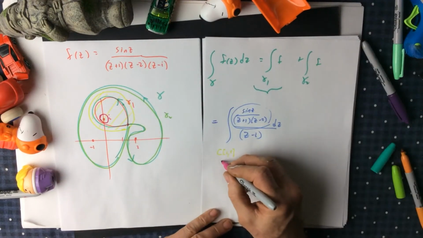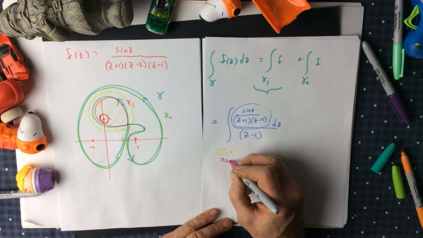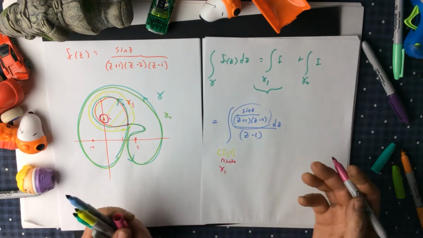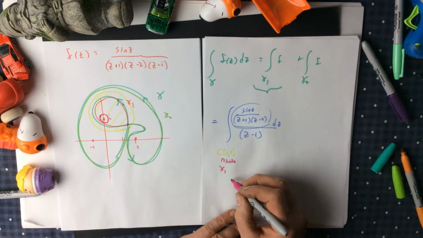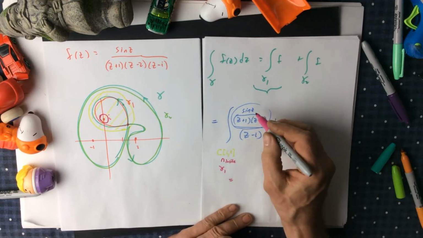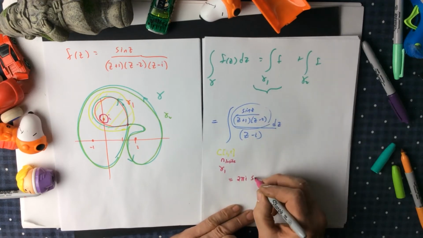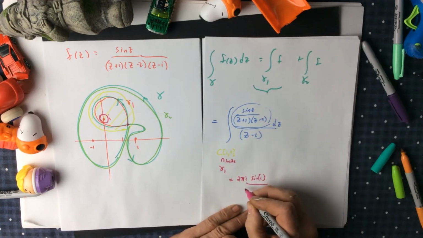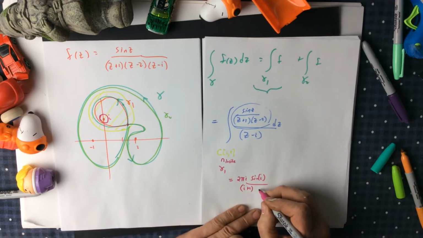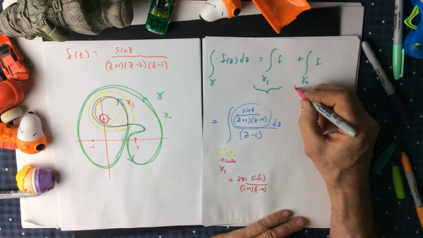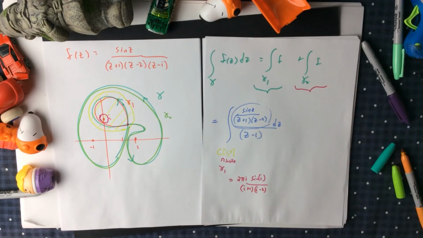So this circle is inside of gamma 1. And now we can use Cauchy's integral theorem. That says we just plug in 2 pi i times sine of i over (i plus 1)(i minus 2), is that value.